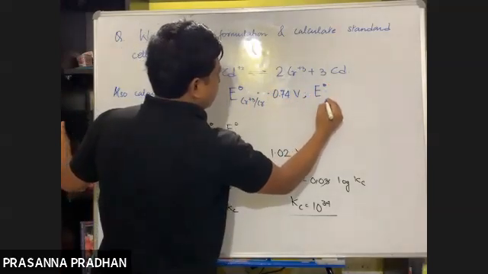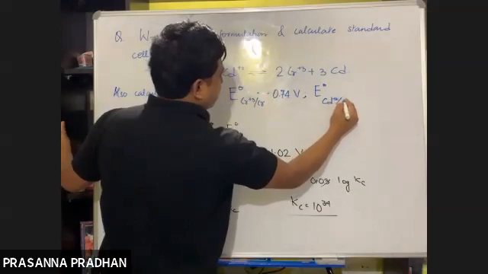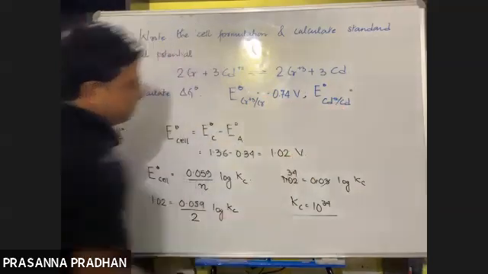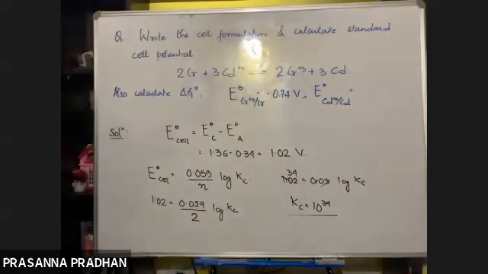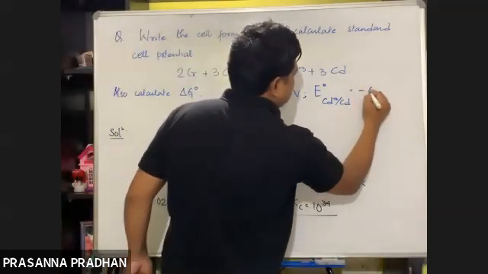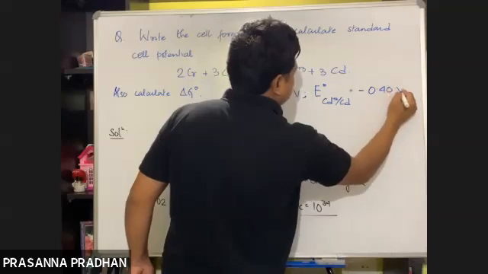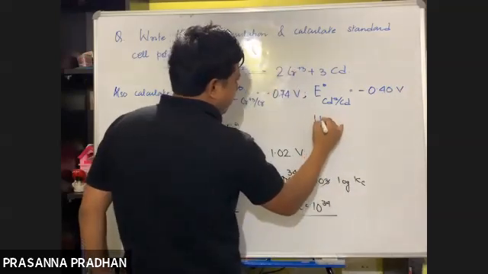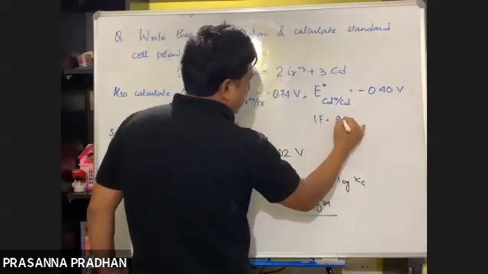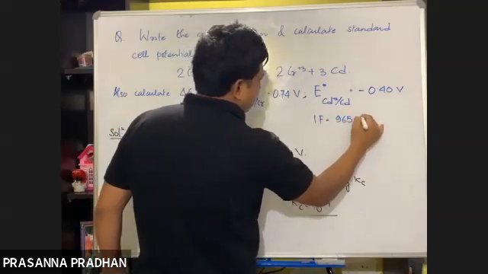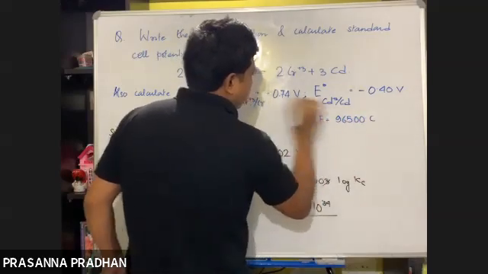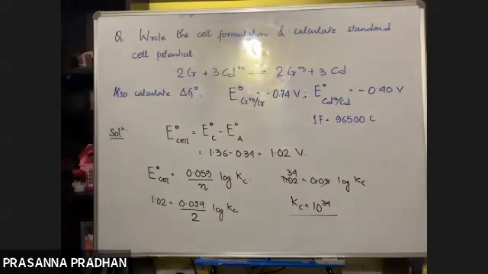Reduction potential of cadmium, you try to do this on your own, minus 0.40. And yes, the value of 1 Faraday is equal to 96500 coulomb. So 1 Faraday is equal to 96500 coulomb.